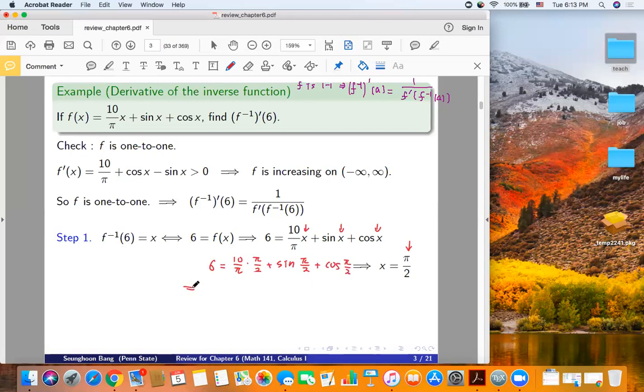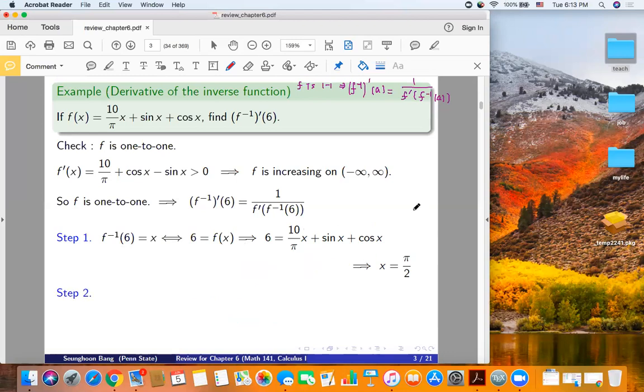The 10 and 2 simplify to 5, and pi is crossed out, just 5. Plus sine pi over 2 is 1. Cosine pi over 2 is 0. So we have 6 equals 6. You're right. The answer is pi over 2. You can check it this way.